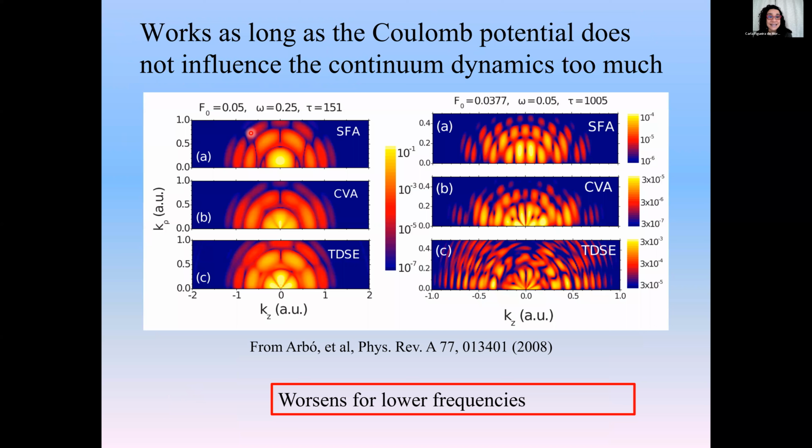For instance, in this case, because you have a high frequency, the distortion that you have is coming from close to your final Coulomb state. The continuum dynamics is not being changed a lot.